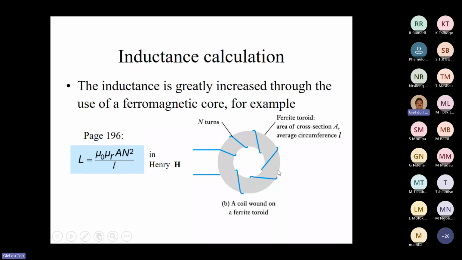If I slide the core out of the windings, I've got only mu naught, and then mu r becomes 1. In that case, when it's an air core and I've removed the core from the coil, I only have mu naught, 4 pi times 10 to the minus 7.